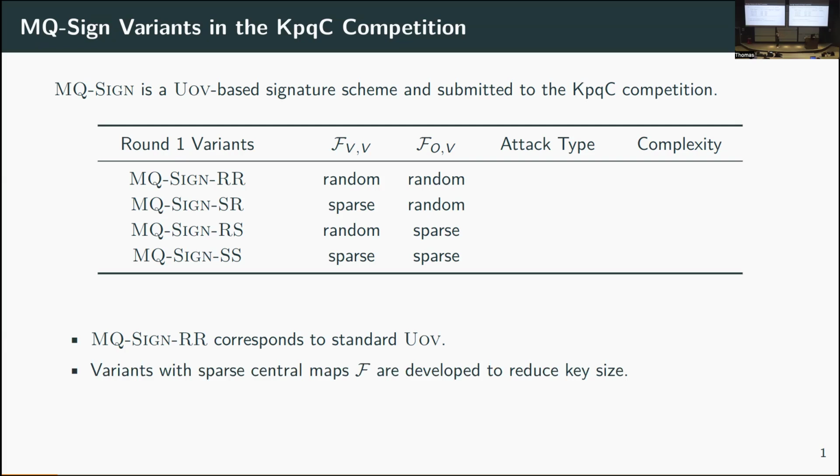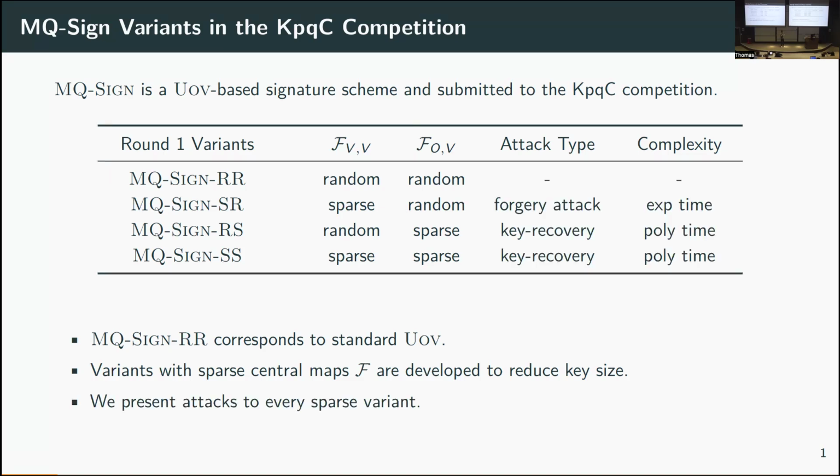Then there are these sparse variants where part of the secret key is chosen sparse, so that we can reduce key size. If you remember from yesterday, UOV suffers from huge secret key sizes. So the idea was to choose sparse polynomials to reduce the key size. But today I will present attacks on every sparse variant.